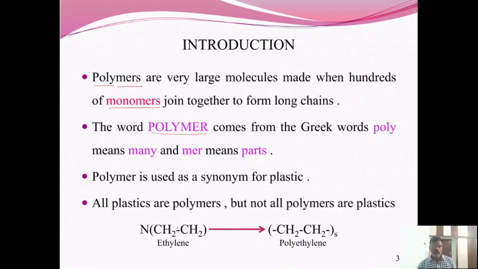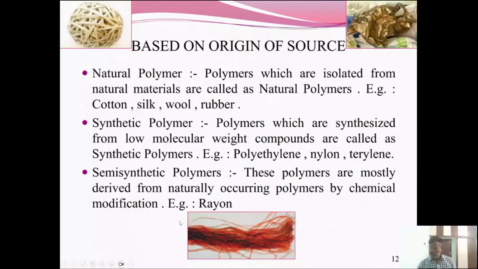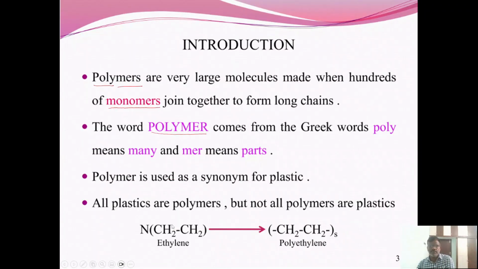There's one double bond, which is missing here. It's supposed to be a double bond. So ethylene to polyethylene. It's supposed to be n at the left side, so the right side is also supposed to be n.